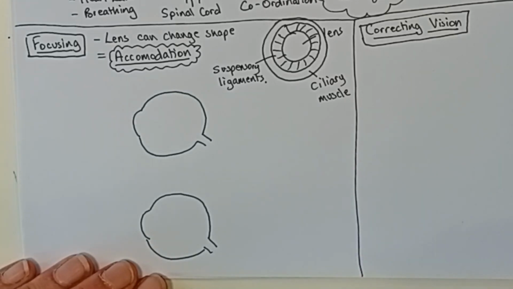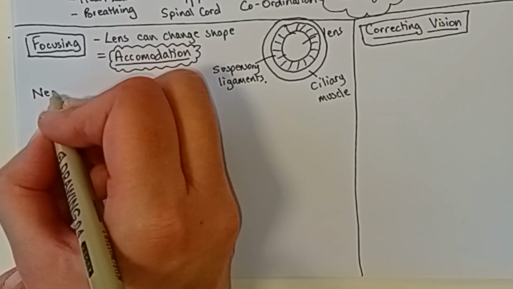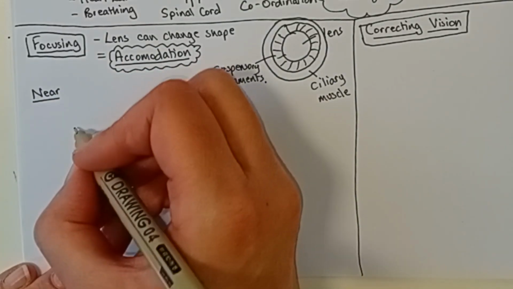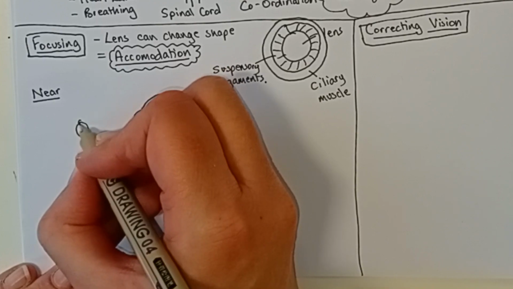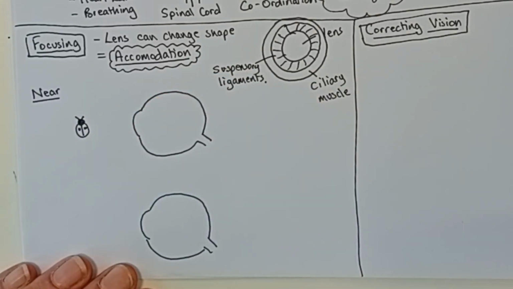And here's my second one. This first one, we're going to be looking at things that are nearby or close. For example, if you saw a ladybird, pick it up, put it close to your eye so you can see it.